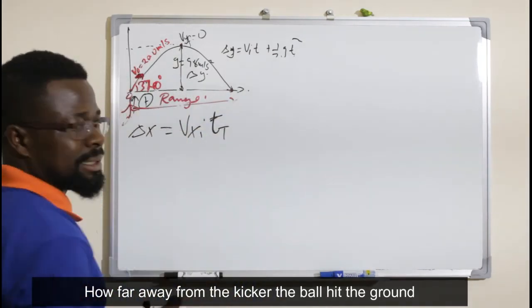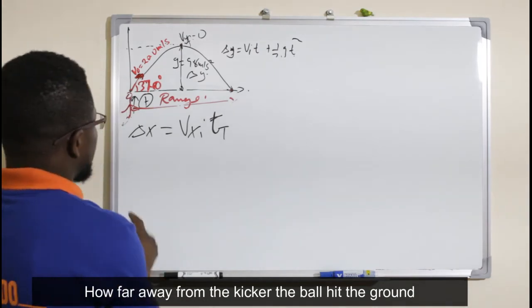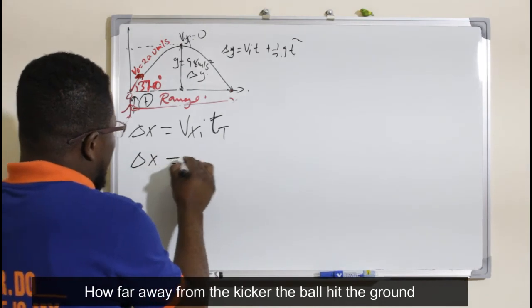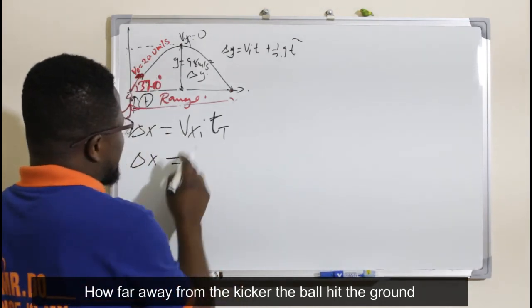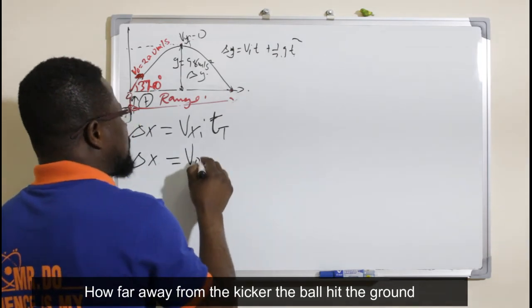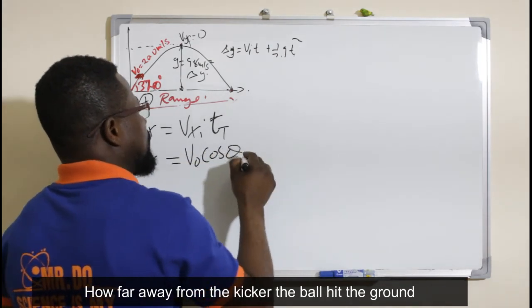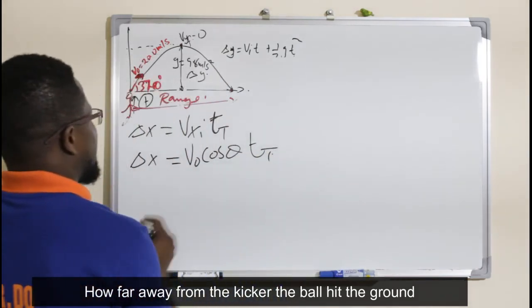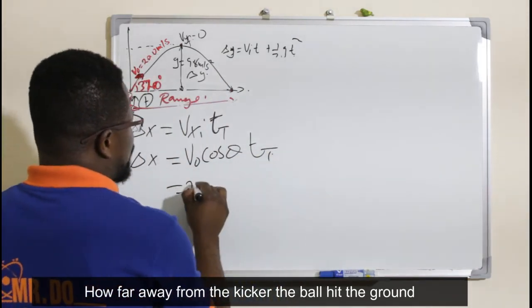So our change in x is now going to be v naught cos theta multiplied by the total time.